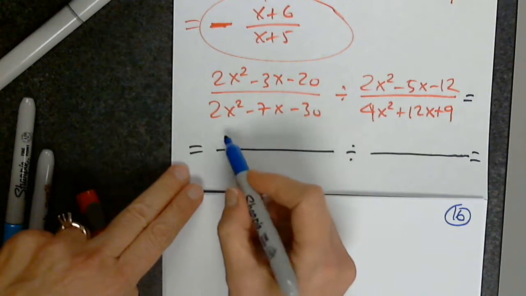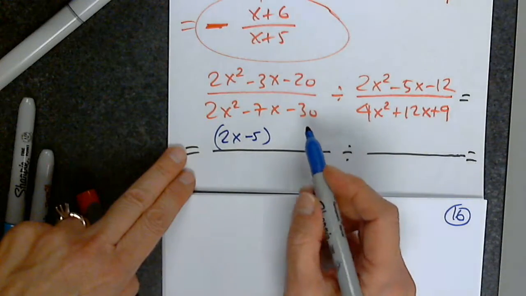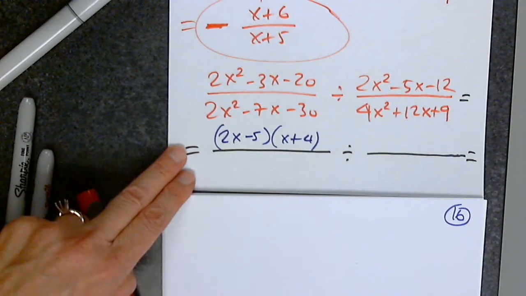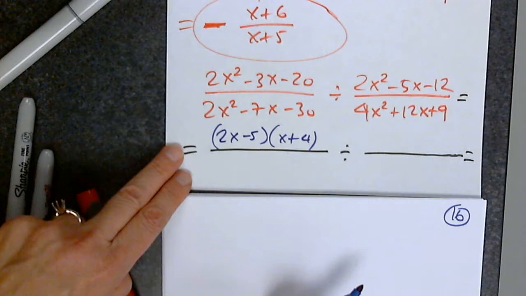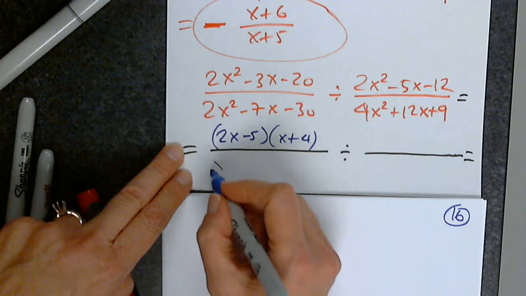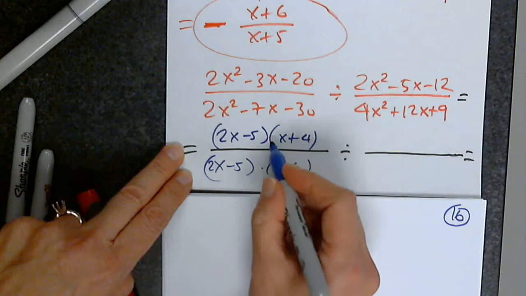Yes? 2x minus 5, x plus 4. Do we all agree with this? Excellent. The denominator then. 2x minus 5 and x plus 6. Do we all agree with this?